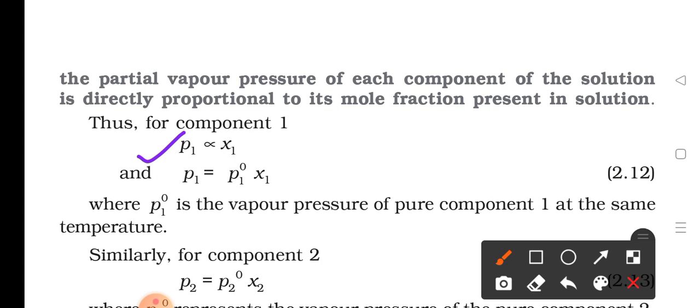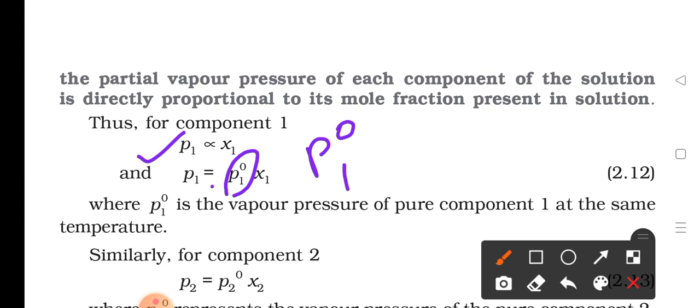So if we change the proportionality sign into equal, then a new constant is found and it's known as P1 naught, and this naught determines the pure liquid vapor pressure.